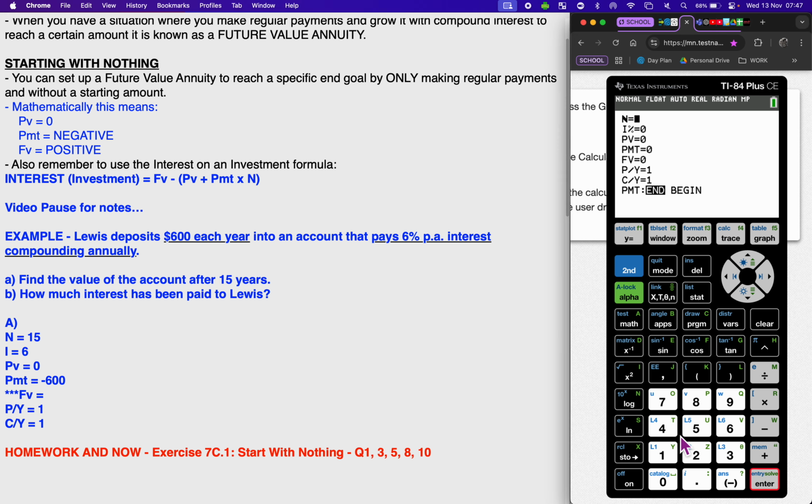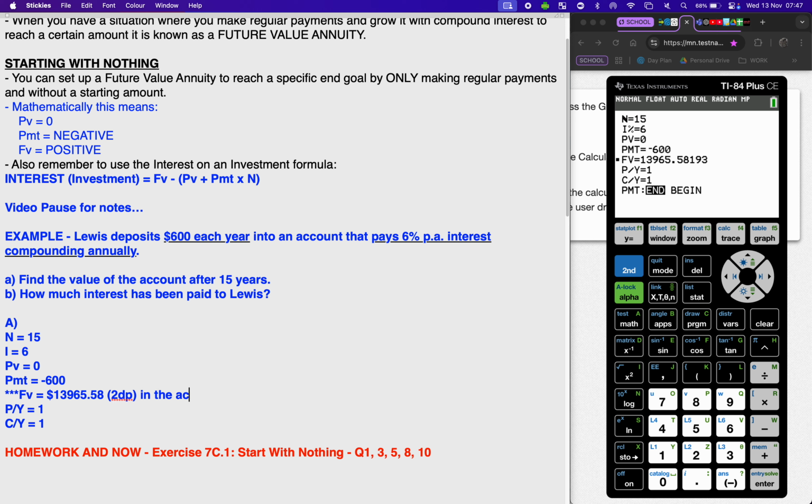So now I can put this into my calculator. 15, 6. PV is nothing, PMT negative 600. 1 and 1. So alpha, enter to solve. That tells me there's going to be $13,965.58 to 2 decimal points in the account after 15 years.